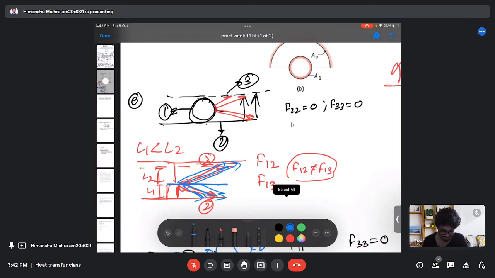But since here you can see that the distance from the center of the circle to surface 2 and surface 3 is equal, we can use the symmetry analysis to say that these view factors are equal, because the radiation coming out from surface 1 will reach surface 2 as well as surface 3 by an equal amount. So we can use the summation rule again.